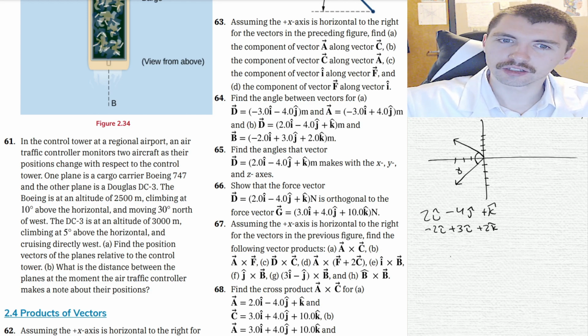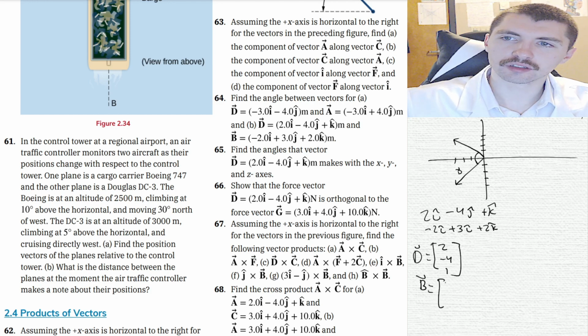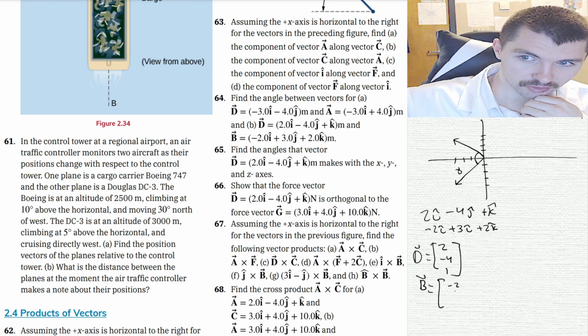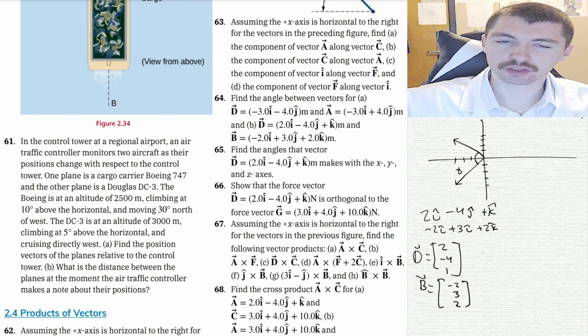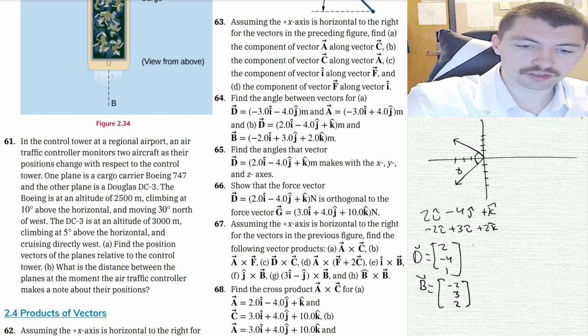So this is like a three-dimensional angle. So D is -3, -4, 2, -4, 1. B is -2, 3, 2. So we want the angle between that. Okay.